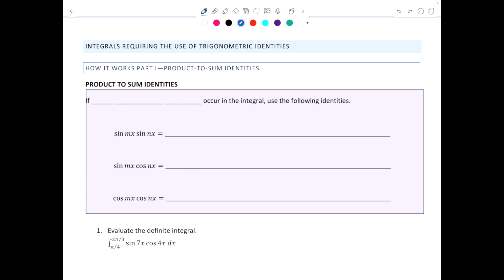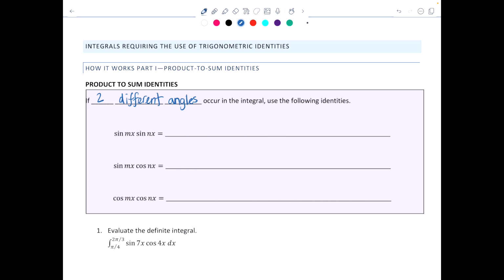How it works, part one: product to sum identities. This is the case where if two different angles occur in the integral, we use the following identities.